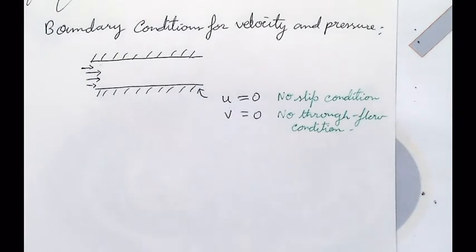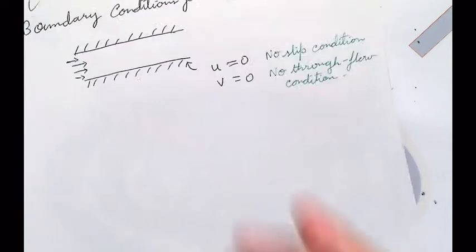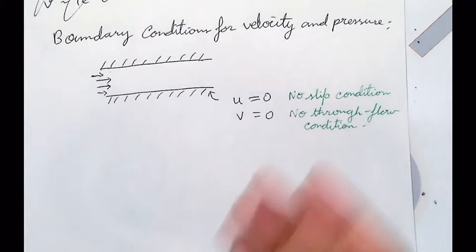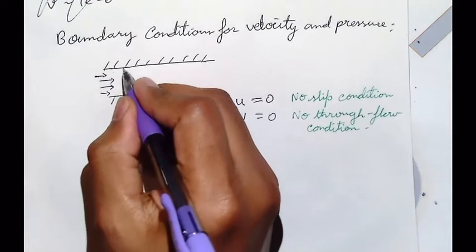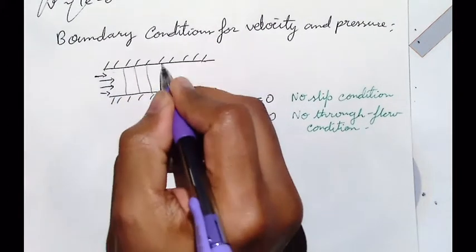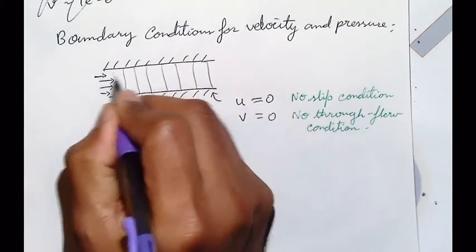Okay? So if I just gave you this physical setup, what would you do? You would discretize it first of all. So you would discretize this maybe as a grid shown here.